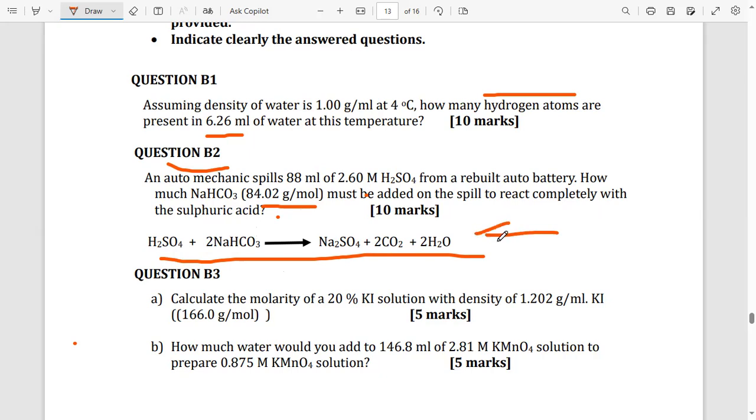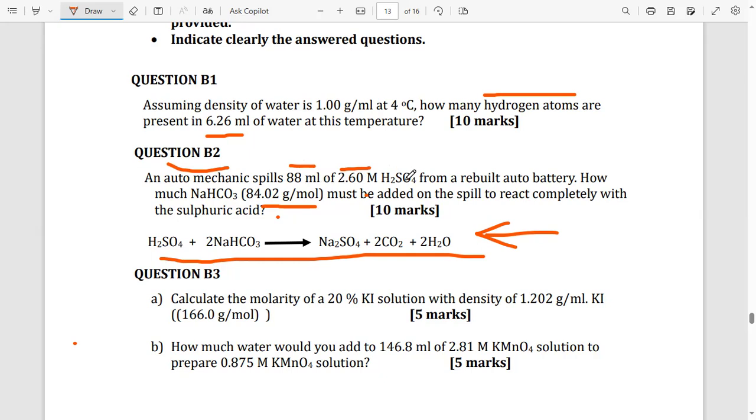So notice that this chemical equation here is already balanced. So what must we do in order to find how much of this sodium hydrogen carbonate must be added to that acid that has spilled on the ground? We use the mole ratios. We've been given the volume and the molarity of this sulfuric acid, right? So using the molarity and the volume, we can find the moles of this sulfuric acid.